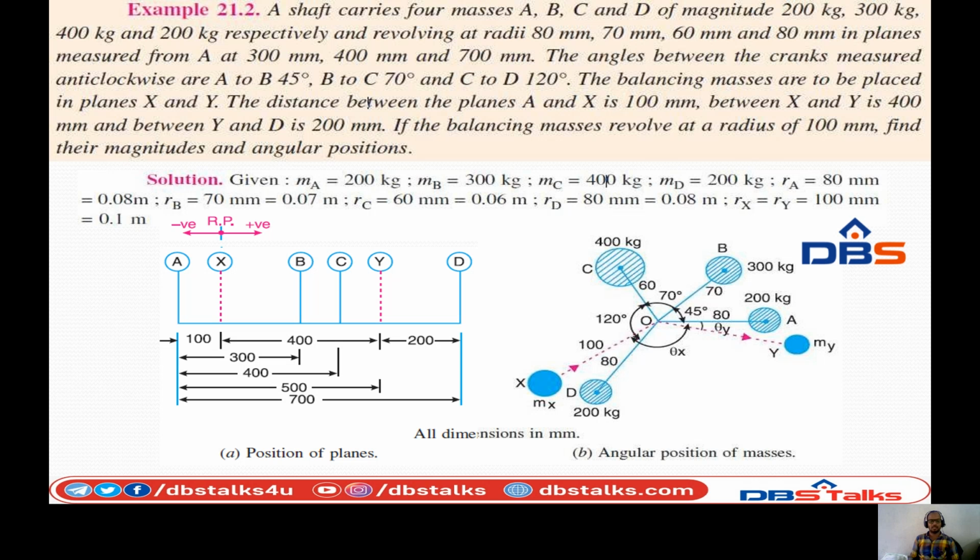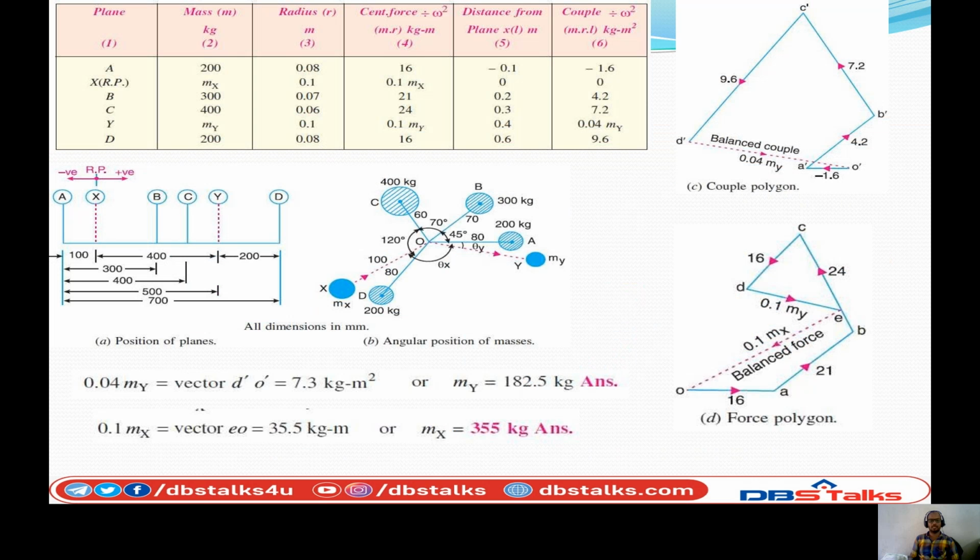So here I am considering X as a reference. To the left of X there is a negative and to the right of X is positive. Then accordingly we need to go for the tabular column. This will be the table for any problem with different planes. You just remember the tabular column.